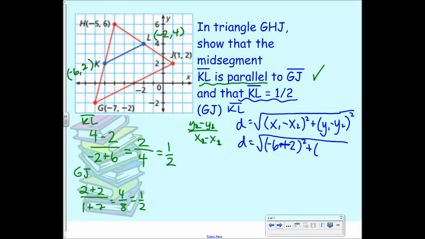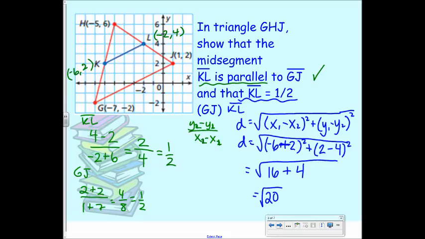Okay, 2 minus 4 squared. What's negative 6 plus 2? Negative 4. Negative 4 squared is 16. Plus, what's 2 minus 4? Negative 2. Negative 2 squared is 4. So 16 plus 4. So this ends up being the square root of 20. Do I need to simplify it? No, just leave it alone.